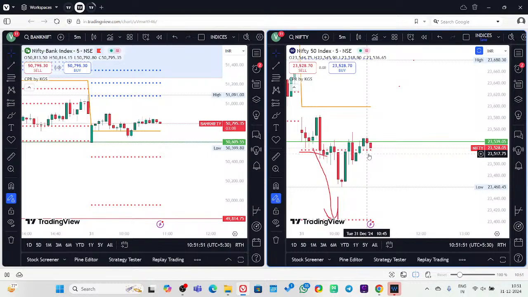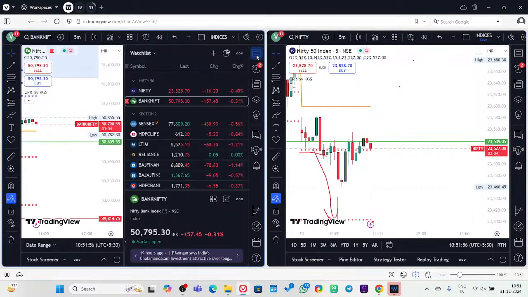Nowadays, markets are falling like crazy. All the stocks are in red.